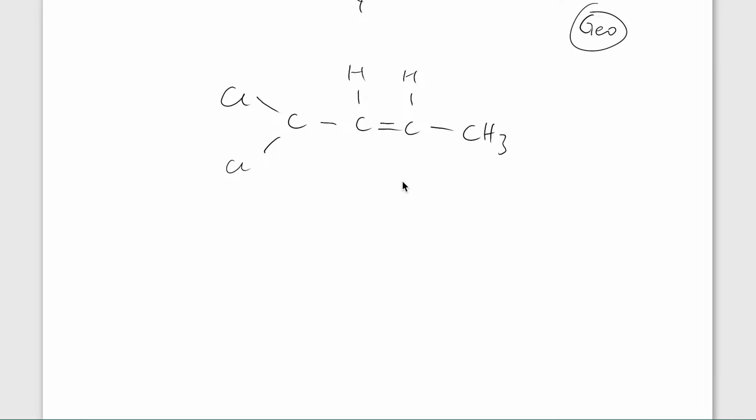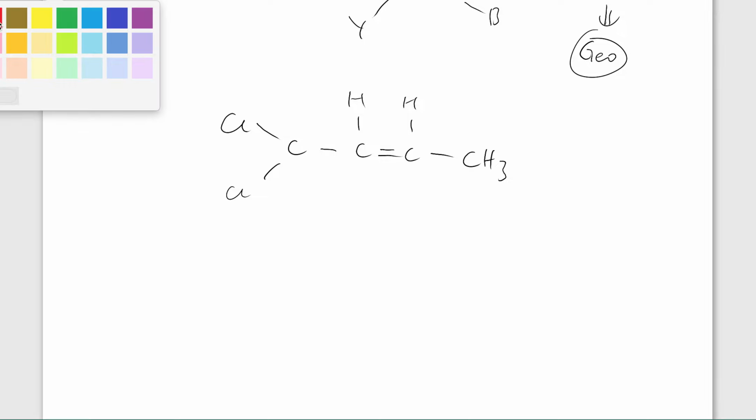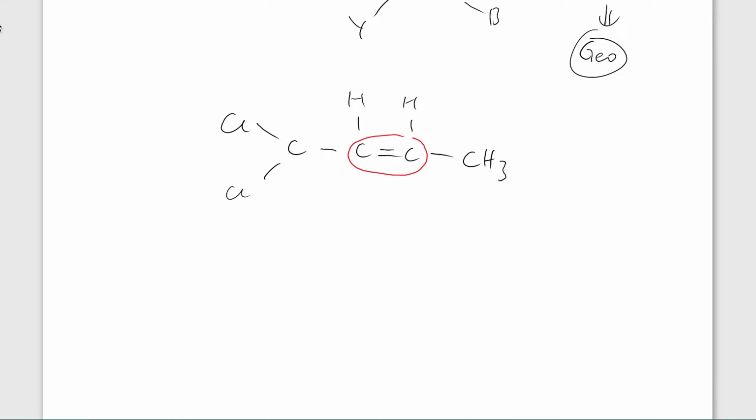So this is one. How do we know whether this one is a geometrical isomer or not? You only look at your double bond. So this H3 we replace with M, so it's just a methyl group. And then this entire thing is a dichloromethyl, we just replace this with a D.